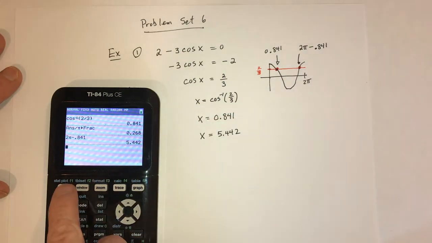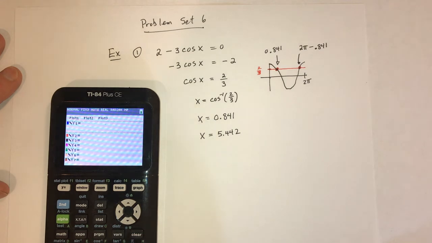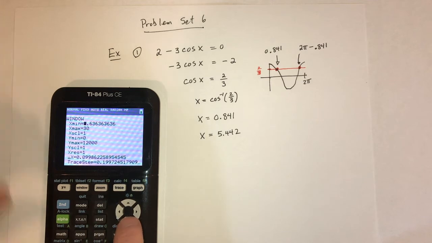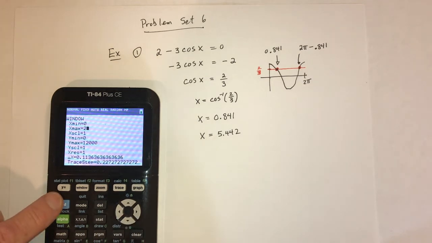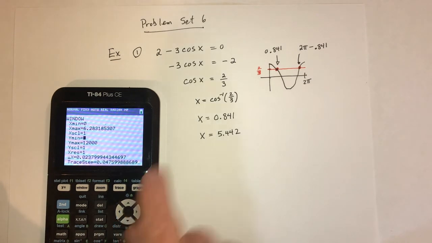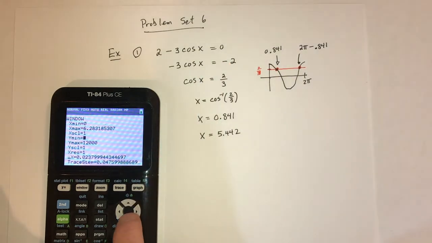Now, I'm pretty sure that that's correct, but what I'm going to do is graph the original problem and then see if my answers are correct. So graph 2 minus 3 cosine of x, and then change the window to go from 0 to 2 pi. And I'm looking for when it's equal to 0, so I'm just going to put -2 to 2 for the y values.